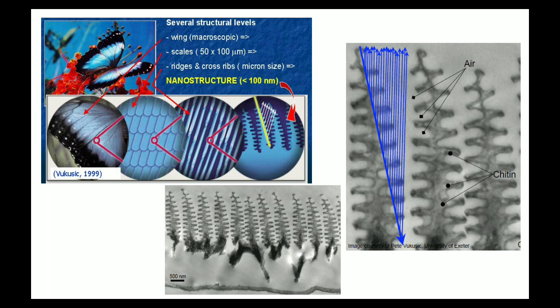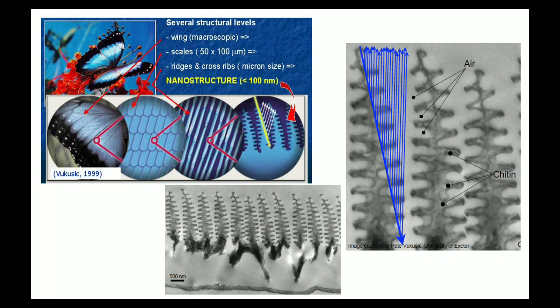In the top left image you can see a very beautiful butterfly. Let us start to zoom in. Then you can see the wing is macroscopic, and the scale goes to 50 to 100 micrometers.